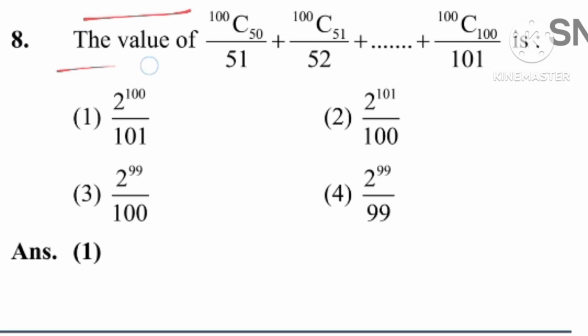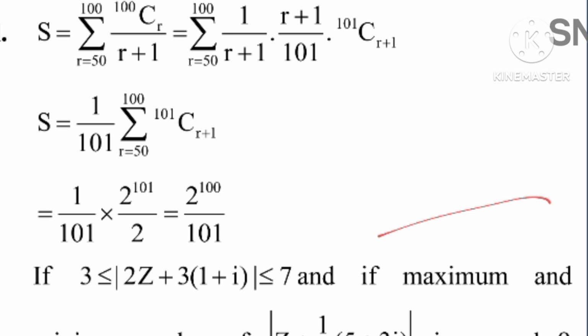Eighth question. The value of 100C0 by 51 plus 100C51 by 52 plus so on up to 100C100 by 101 is. The series S is the summation of R equal to 50 to 100 of 100C R by R plus 1. Here 100C R means R plus 1 by 101 into 101C R plus 1, and R plus 1 gets cancelled.